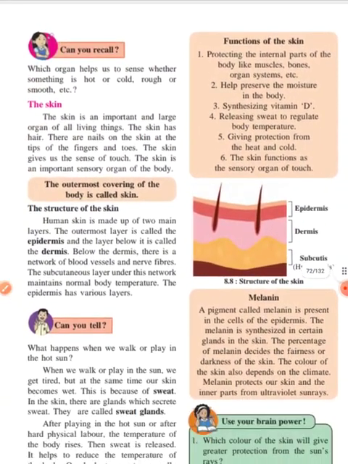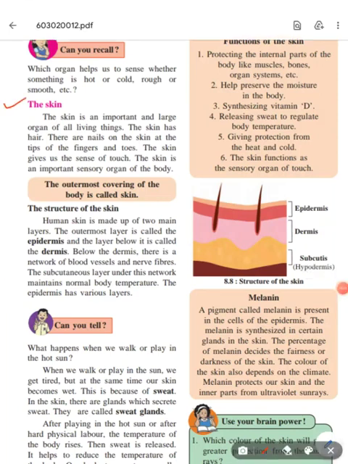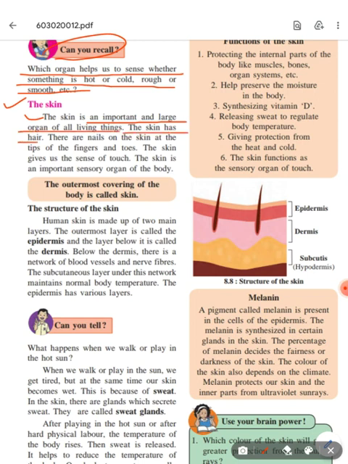After that, we are going to learn about skin. Can you recall which organ helps to sense whether something is hot or cold, rough or smooth? The skin. The skin is an important and large organ of all living things. The skin has hair.